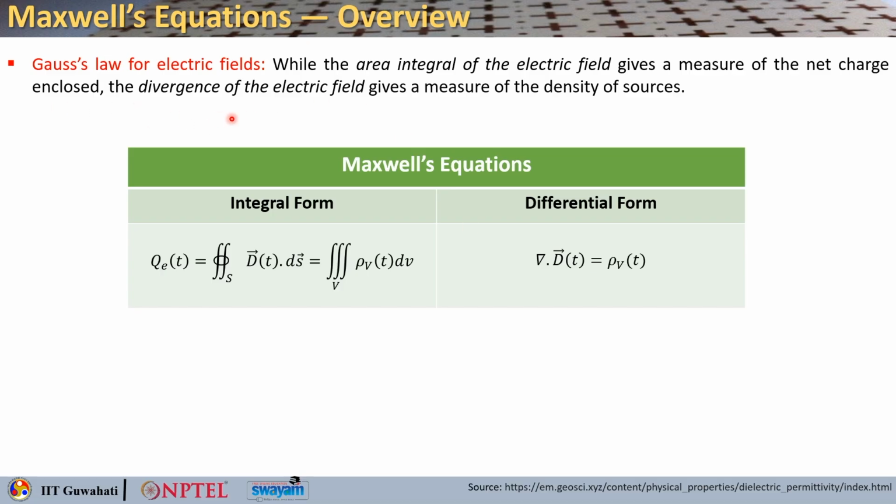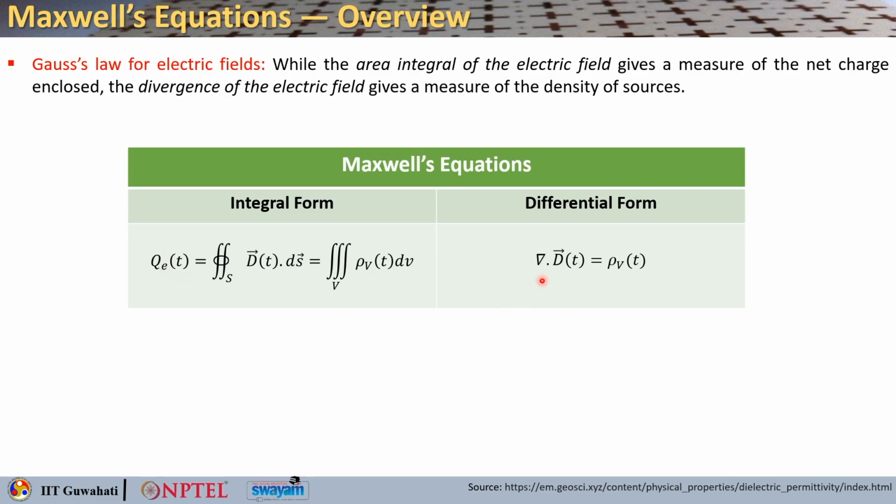The Gauss law for electric fields tells you that the area integral of the electric field gives a measure of the net charge that is enclosed. So you take the area integral of the electric field, which gives you the net charge, or you can take the volume integral of the charge density, and you get the net charge.